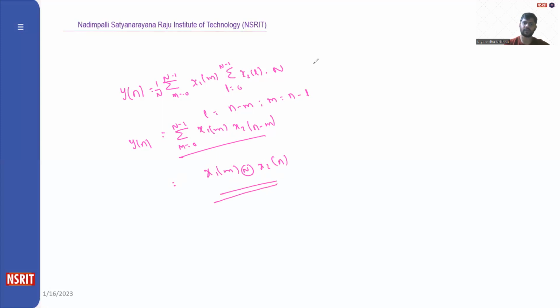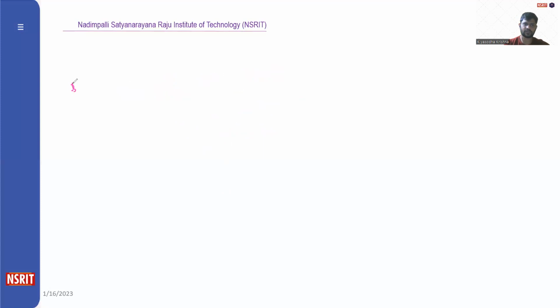These are the statements. Now the property, I think it is the sixth or seventh property, that is the property of what? Multiplication of frequency. Still we, multiplication. So what? Multiplication of time, or modulation property.